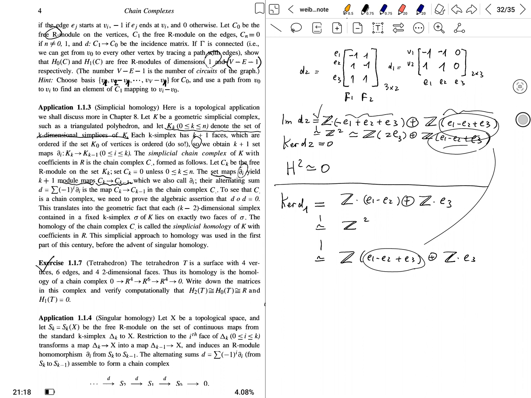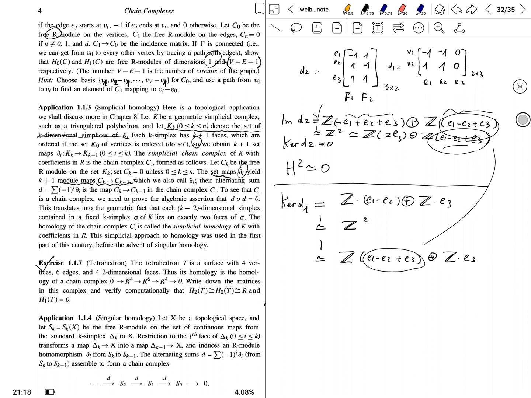In particular, the kernel of D2 is 0. This tells you that H2 is isomorphic to 0. So what is left to compute is H1.